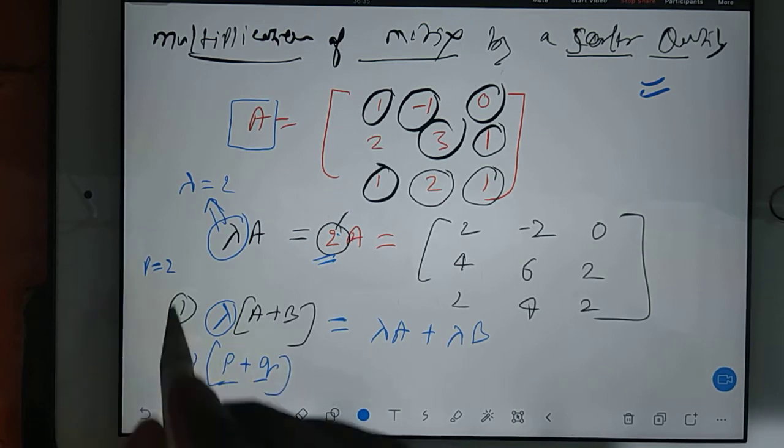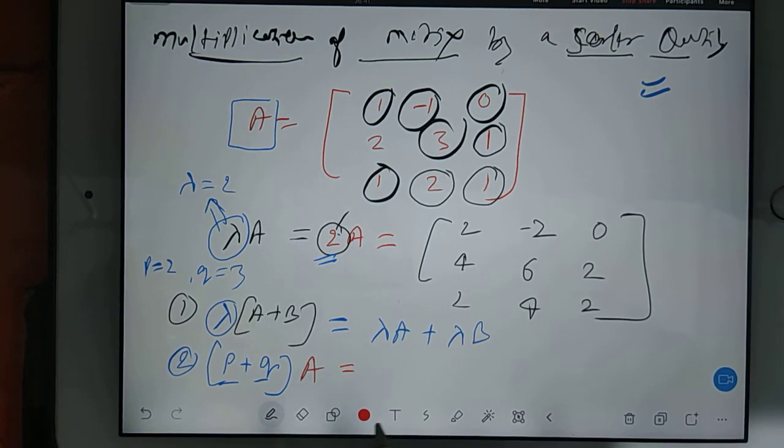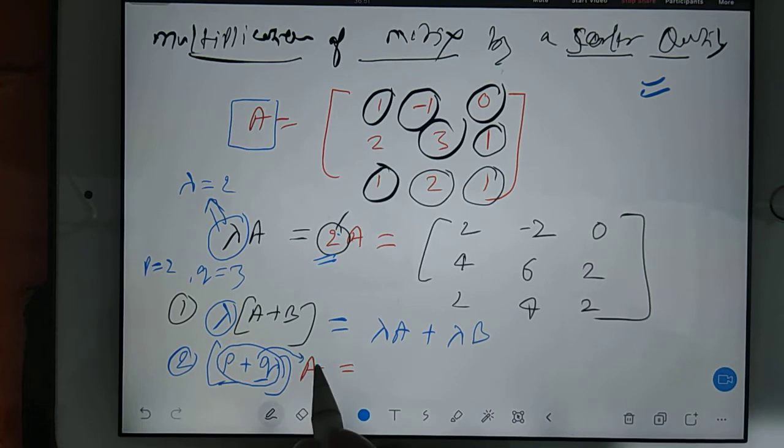And there is only one matrix given as A. You add 2 plus 3 is 5, and then multiply that 5 with A, or you can first multiply P with A, then multiply Q with A. This is also valid.